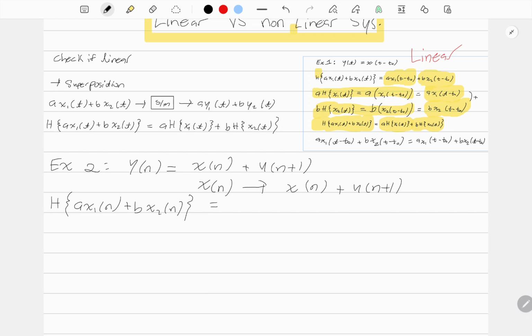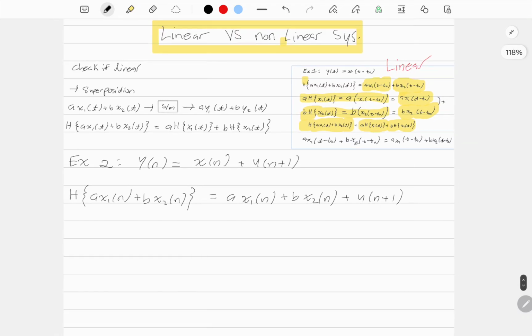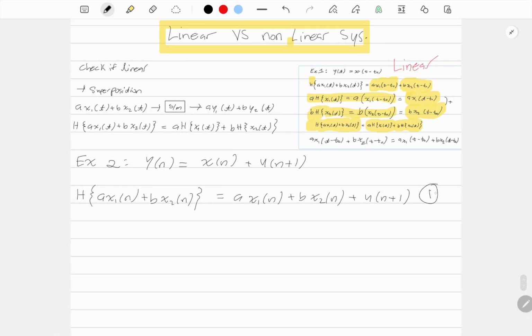So that's what it does. For the left hand side, we're applying the system once. So we have a x1 of n plus b x2 of n, and we apply the system once, and we'll get plus u of n plus 1. It just adds a u of n plus 1. And that's the right hand side. We'll call this equation 1.